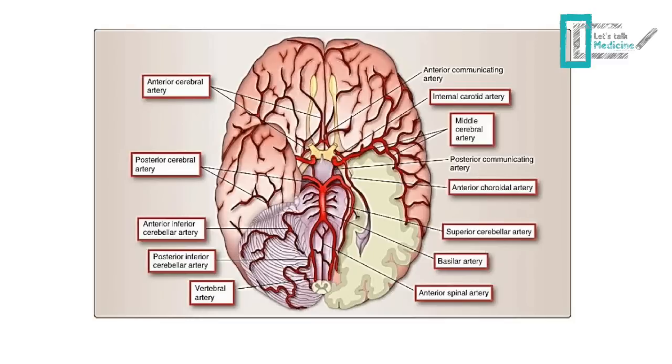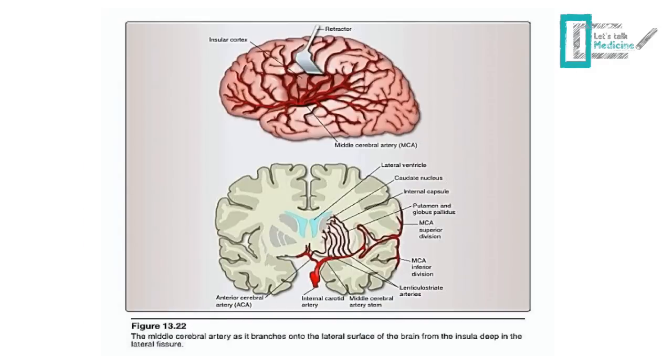Let's now take the brain from the lateral surface. As you can see here, here's the internal carotid artery giving you the middle cerebral artery. The middle cerebral artery moved through the sulcus until it reached the lateral surface of the cortex. You can see it more clearly here.